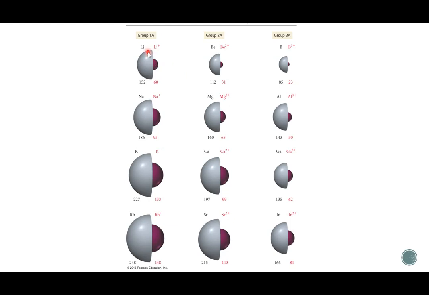What we see here is the gray is our neutral atom, and the pink here is the ion. So what do we notice when we go from neutral to ion? What happens? Yeah, it gets smaller. And that should make a lot of sense, because what are they doing when they give away that electron?